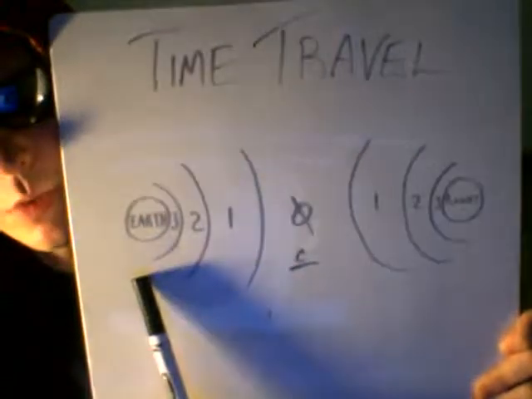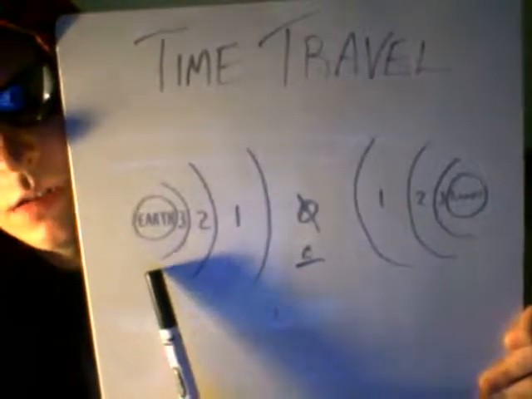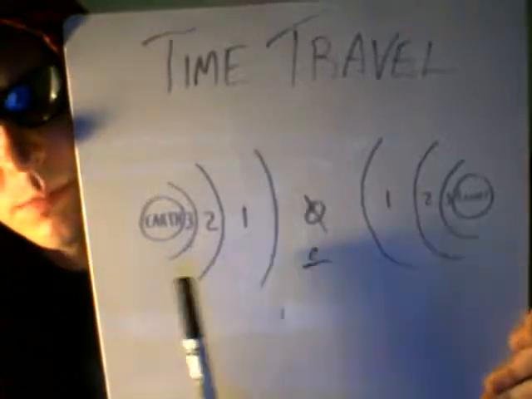Now, if you're going to go to the speed of light and leave the planet, because you see, you have the Milky Way spinning around, and then you've got the sun with the planets. I'm making this kind of messy.